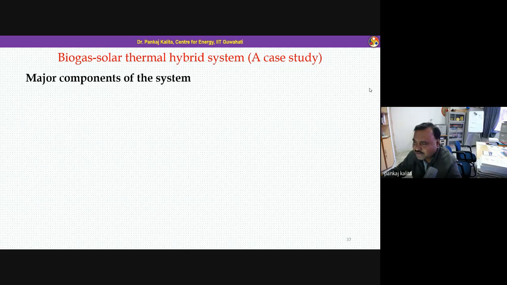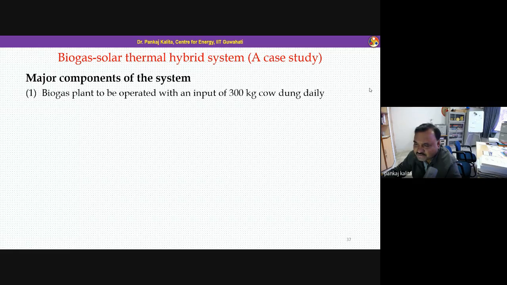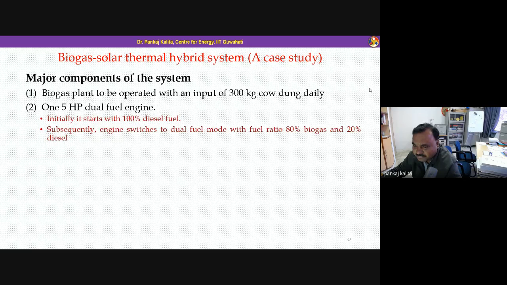And also, I'd like to share one case study, like how this biogas solar thermal hybrid system can be a sustainable process for a dairy farm. The major components of the system are a biogas plant operated with an input of 300 kg cow dung daily, and one 5 HP diesel engine.